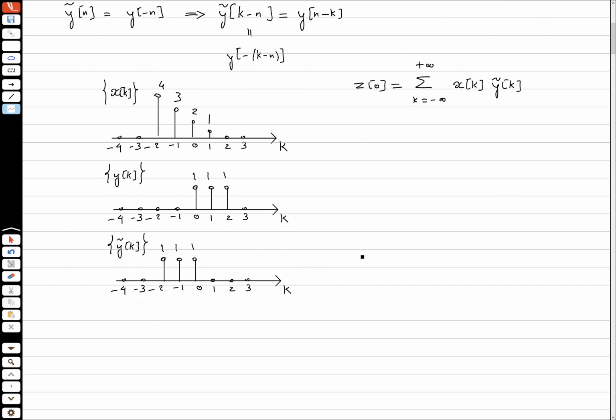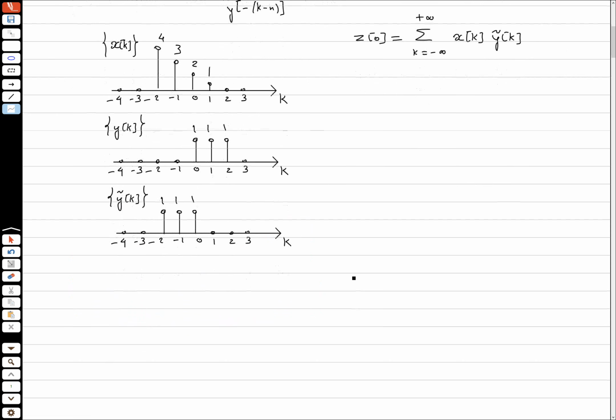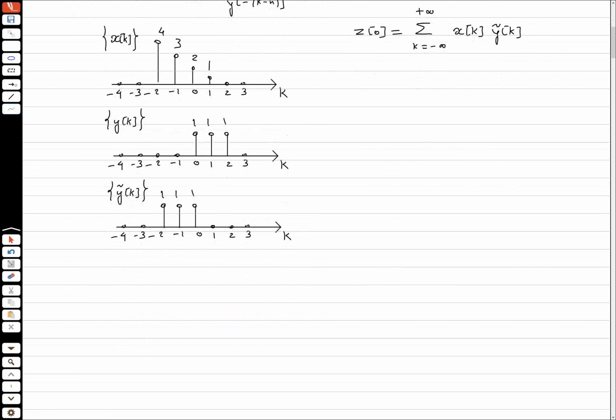So what do you find? Z of 0, you have to multiply these numbers and then add them up.